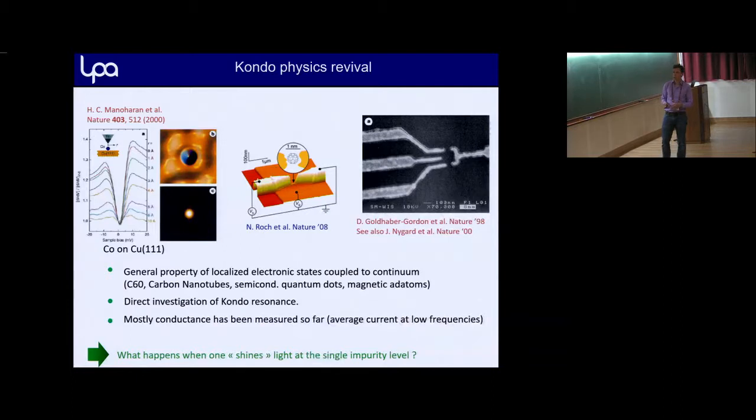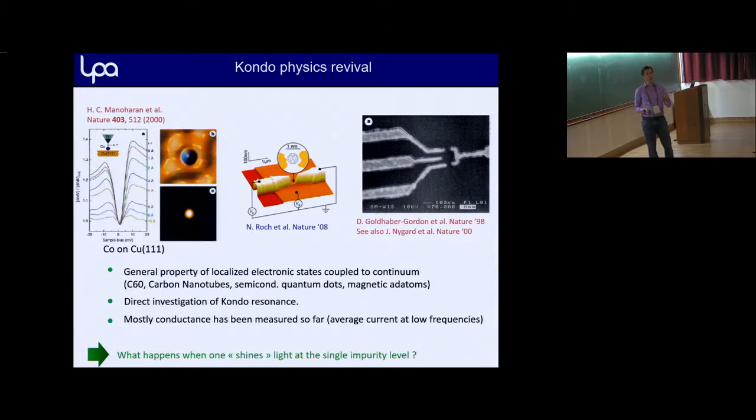So far, mostly people have measured the conductance through these kinds of systems, either in a thermal spectroscopy experiment or by measuring transport in these mesoscopic systems. The question I will try to ask today is what happens when one shines light at the single impurity level. You can use light for two things, as you will see.